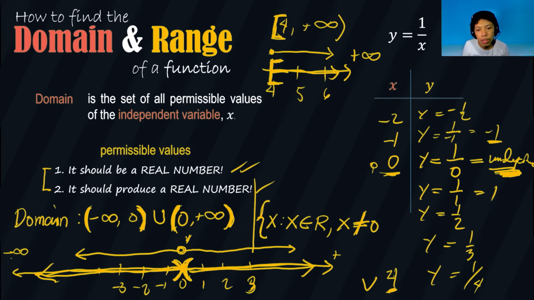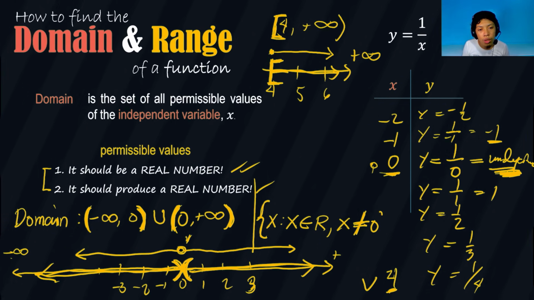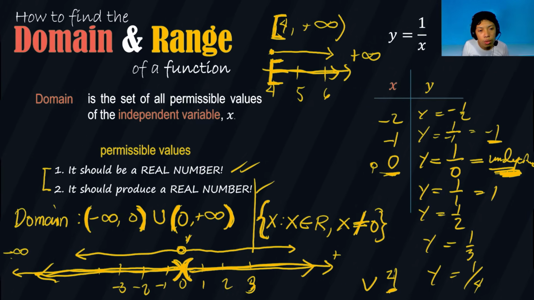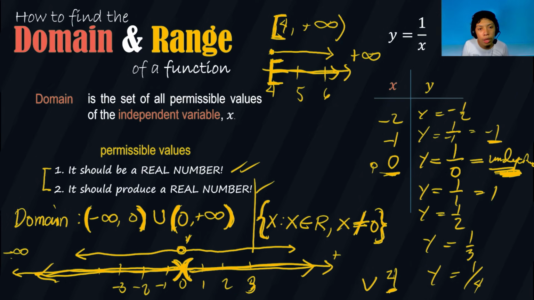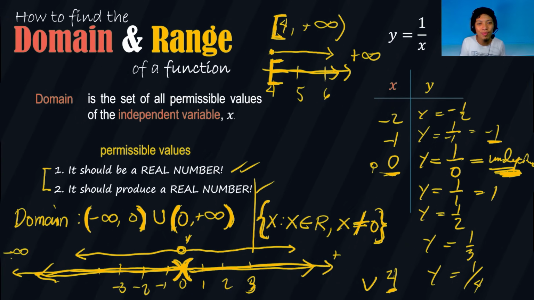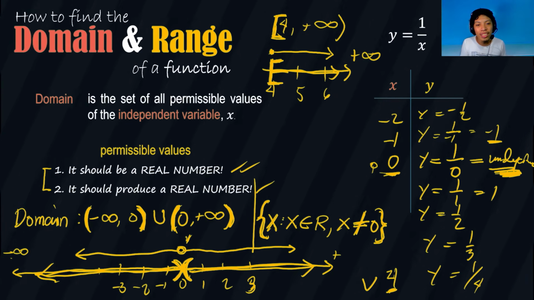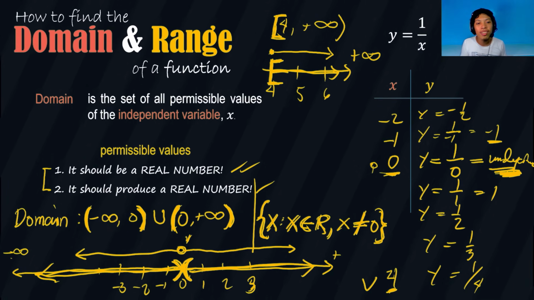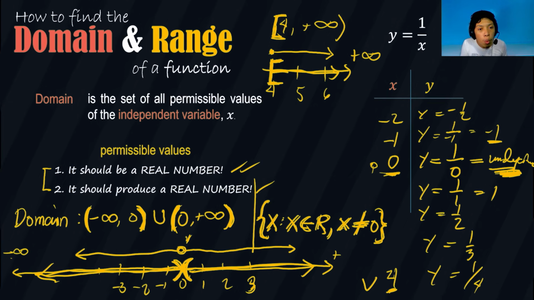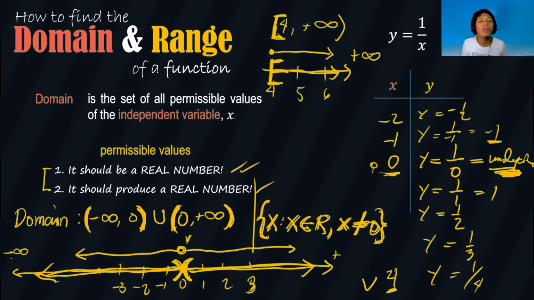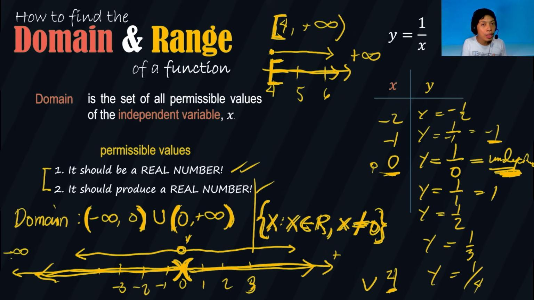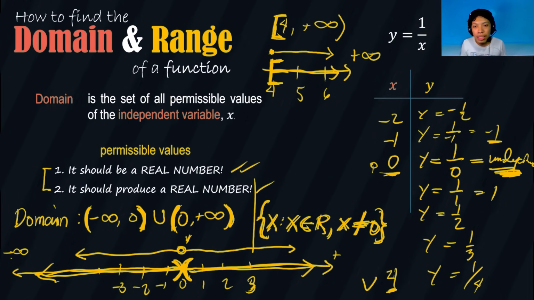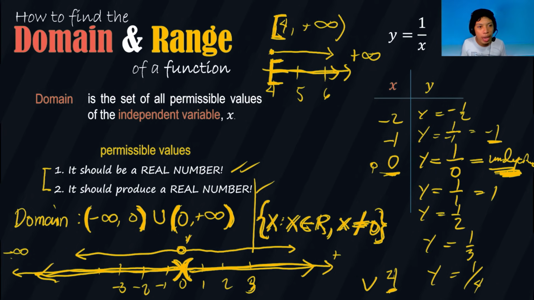That's how you write it. And of course, magpadis dapat ha. This one and this one. Dapat permi may asawa. So x such that x is a real number but not equal to 0. That's how you write it in set builder notation. Okay? So that's how you find the domain of a function.